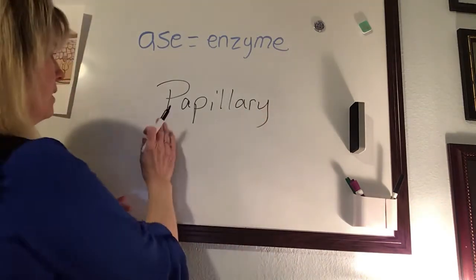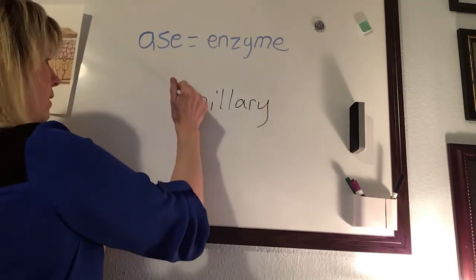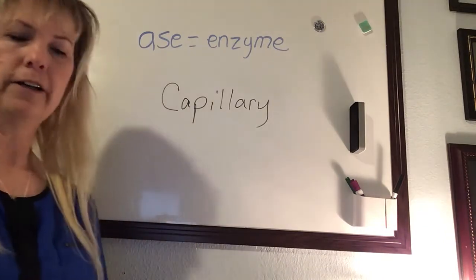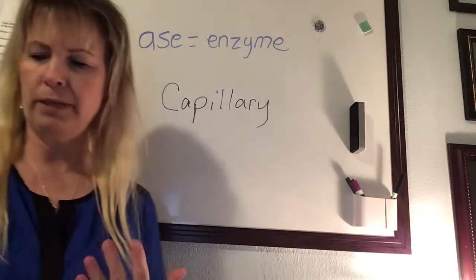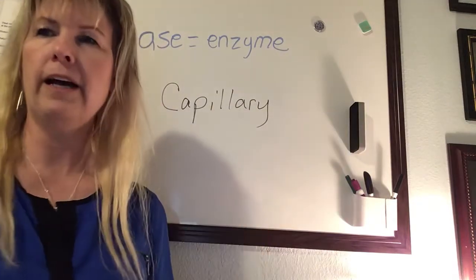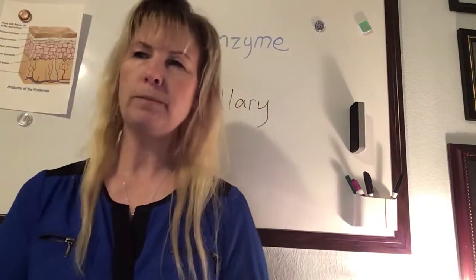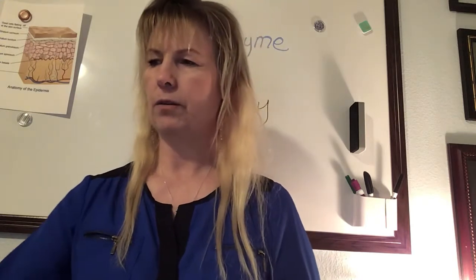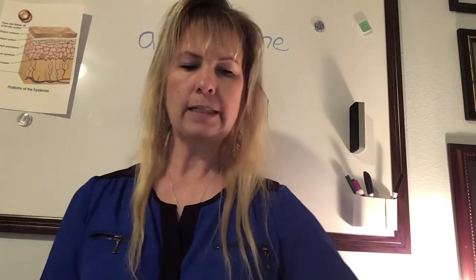Papillary layer is where the looped capillaries are. And that has been on some of the state board exams, so you do want to remember that, where the looped capillaries are. And these looped capillaries, what they do is they nourish your epidermis, and then also in that layer is where the tactile nerve receptors are.